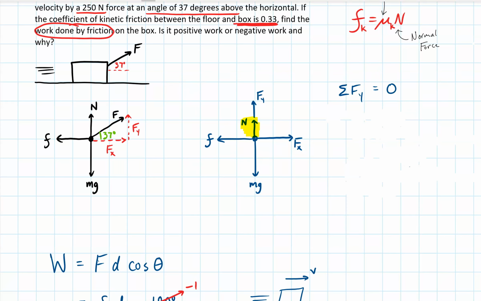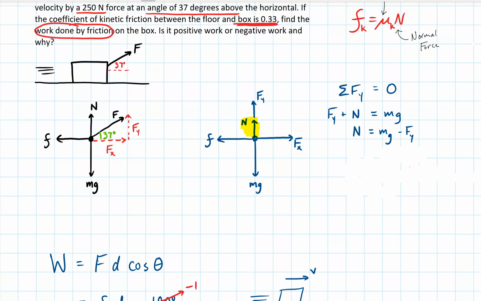And so when we plug in all of our y forces, everything going up must be canceling out everything going down. So the y component plus the normal force must be equal in magnitude to the force of gravity right there. And then again, ultimate goal, solve for the normal force. So we solve for the normal force right there.